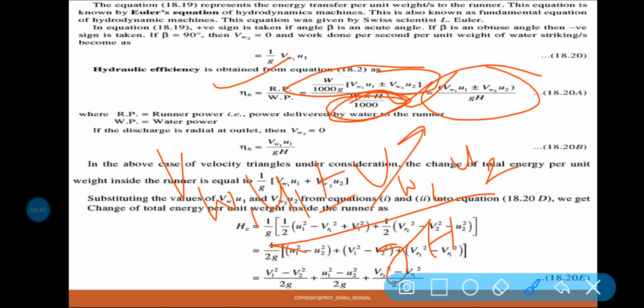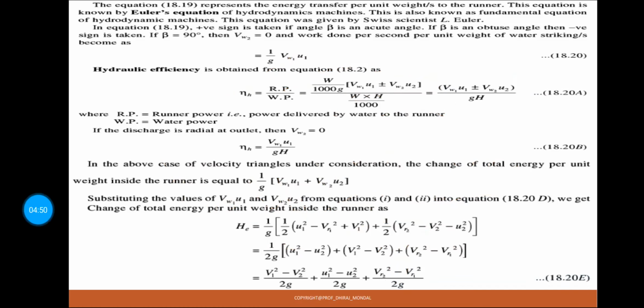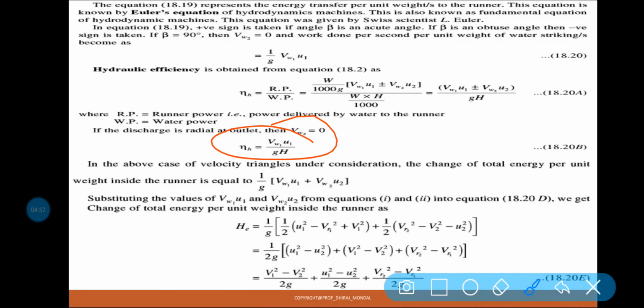Now if beta is 90 degrees, then the Vw2 part will be 0. So the hydraulic efficiency becomes Vw1 U1 by gH. Remember, this is the hydraulic efficiency in the case of an inward radial flow reaction turbine, when the flow at the outlet is radial, that is, the absolute velocity of the jet at outlet is directed towards the center.